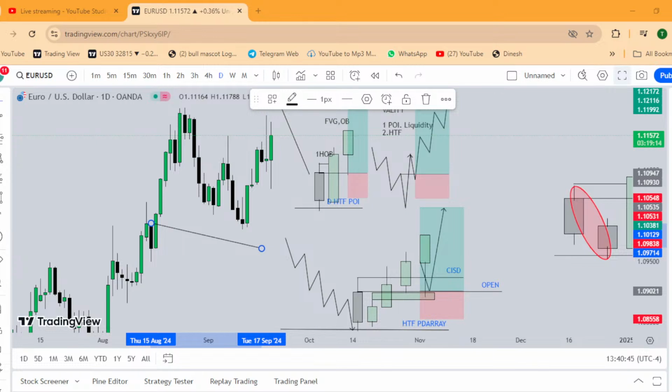So price finally comes and then reacts on this particular order block you're seeing here. This order block wasn't mitigated through this move up here. So price finally comes and reacts here.